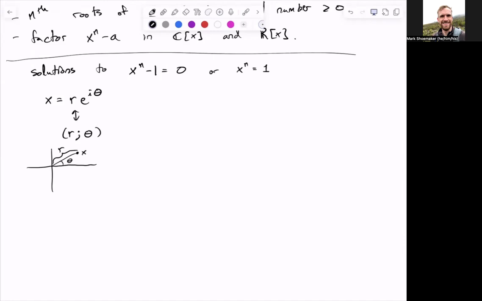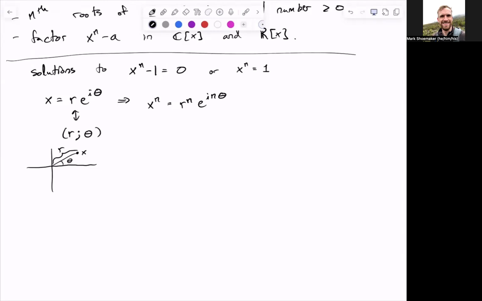Okay, so if that's x, then x to the n, because of how we multiply complex numbers in polar coordinates, has the form, well, the radius gets taken to the power of n, and the angle theta gets multiplied by n.